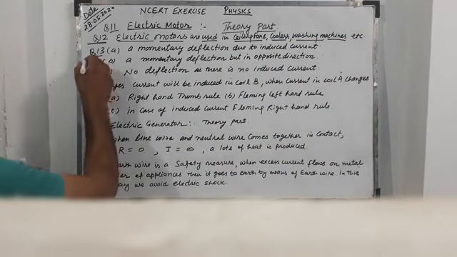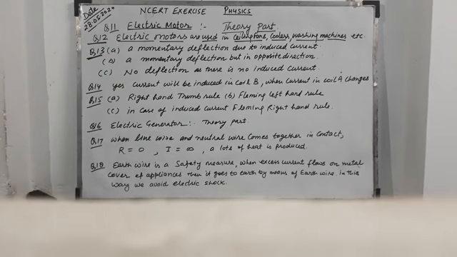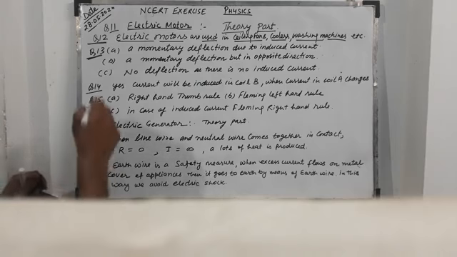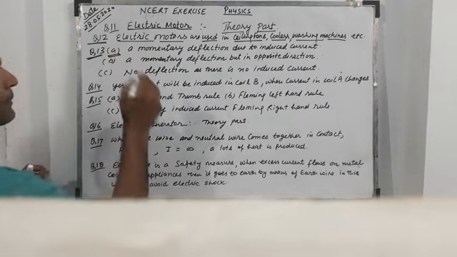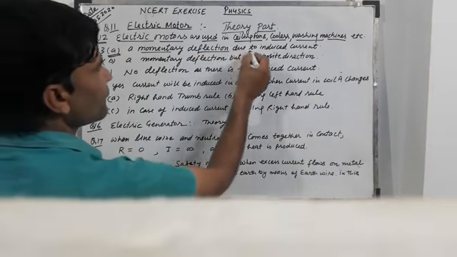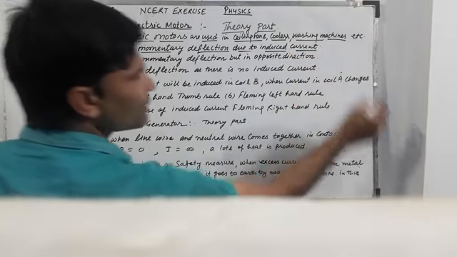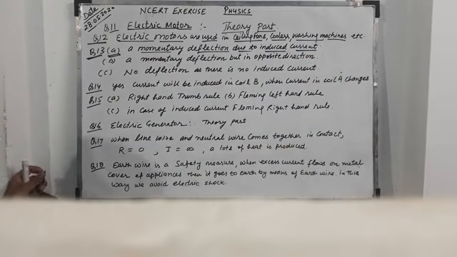Okay. In question number 13, question is saying that a coil is connected to a galvanometer. When a bar magnet pushes into the coil, then in A part, a momentary deflection due to induced current is observed in galvanometer.